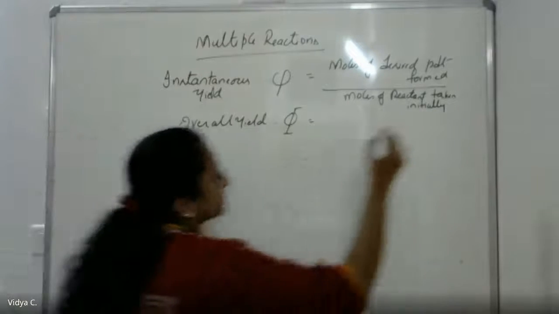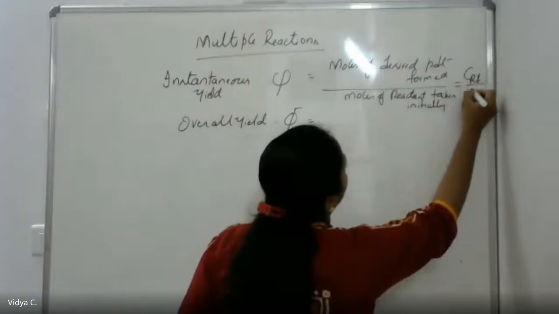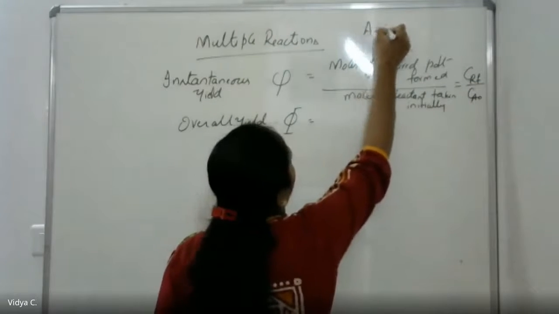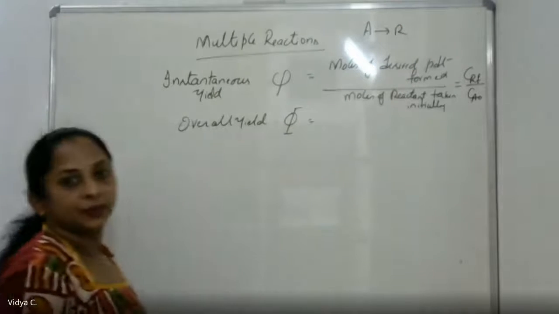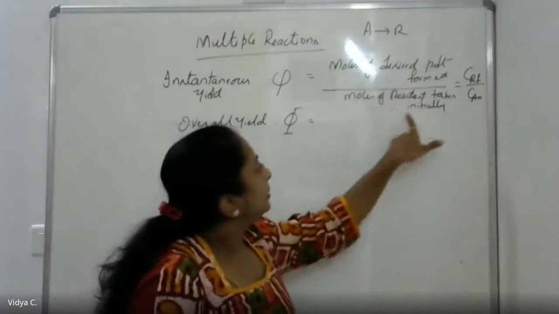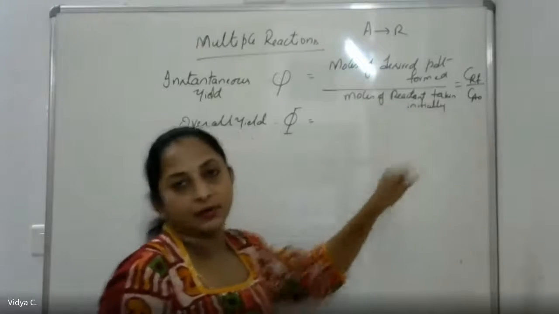So this can be written as CRF by CA naught. Suppose I take the reaction, A gives R. I can write that as moles of desired product by moles of reactant taken initially, CA naught.